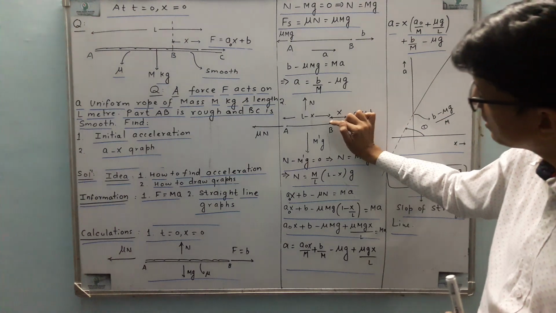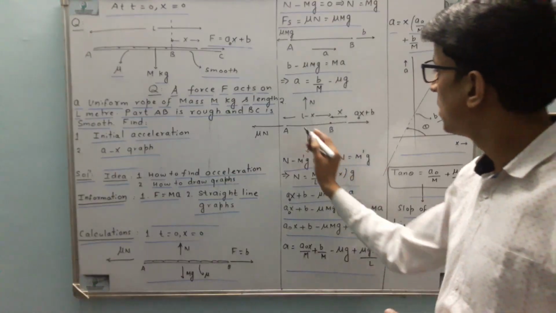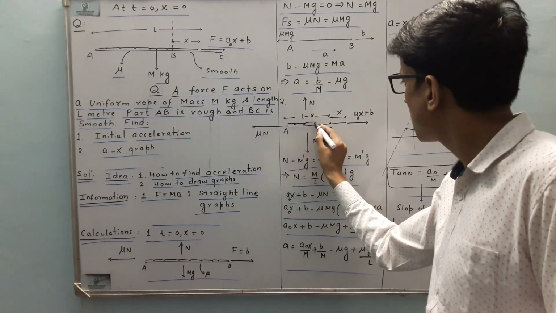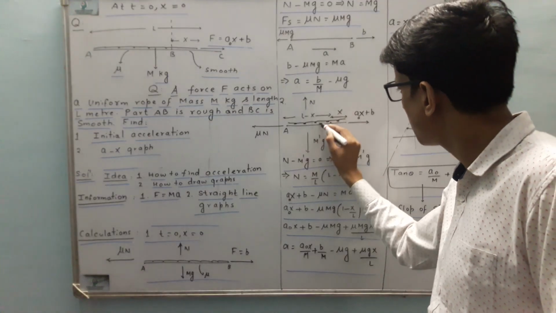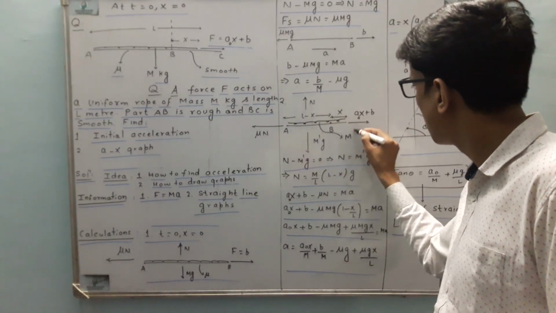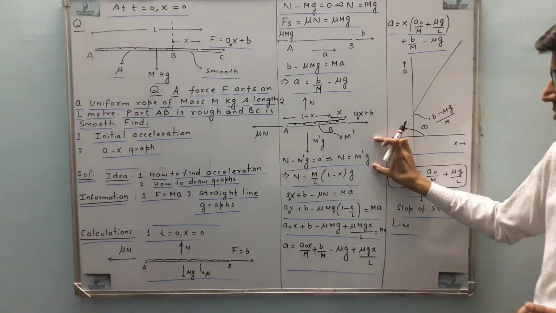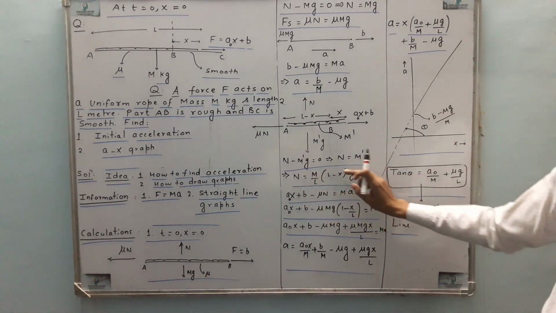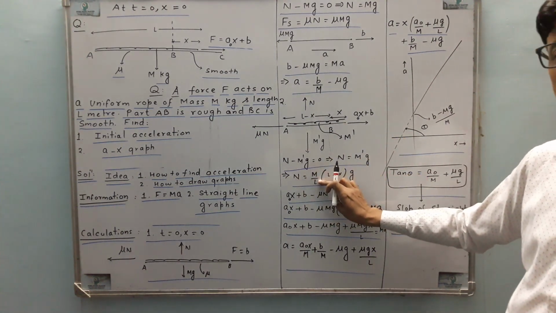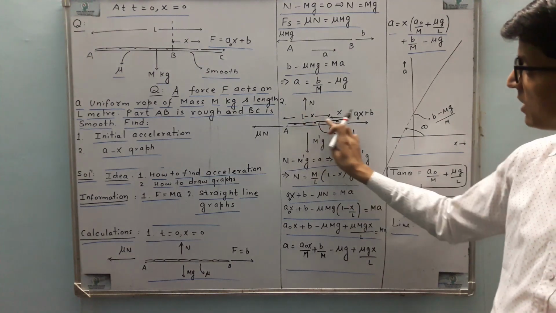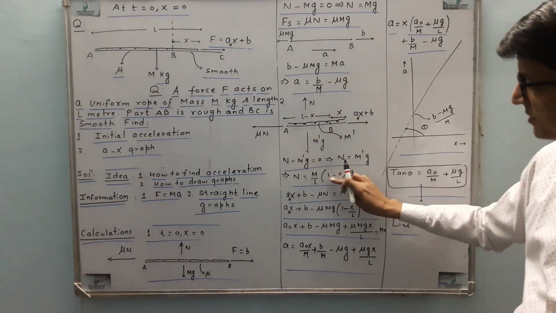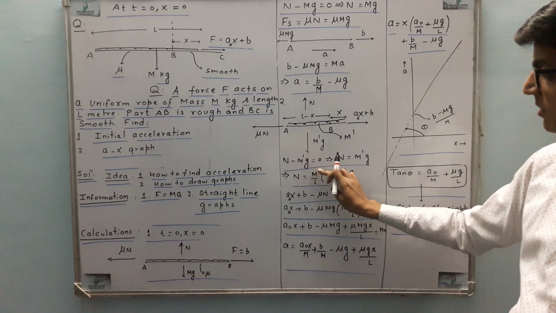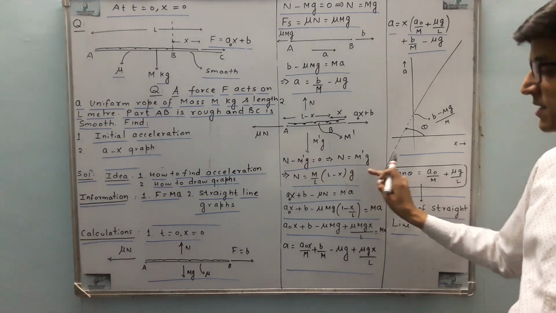Let us assume that the part of the rope which is on AB has a mass of m dash. So normal reaction would be m dash g. We can take mass per unit length as M upon L, and the length of the rope between A and B is L minus x. So N will be M upon L, L minus x into g.